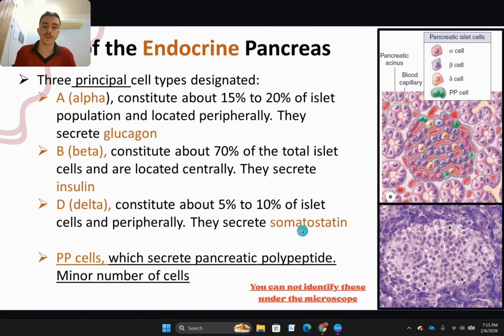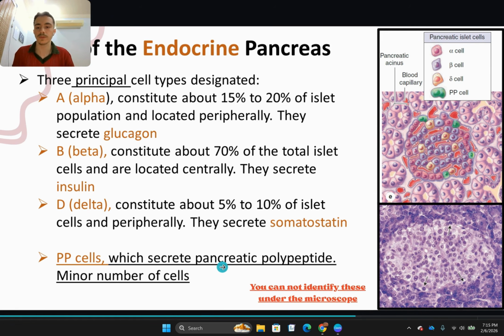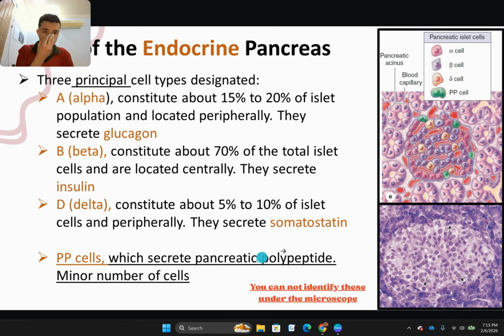For the delta cells, it's for somatostatin. For the PP cells, they secrete pancreatic polypeptide, a minor number of the cells. So it's just a few, the green one. You cannot find a lot of the PP cells.